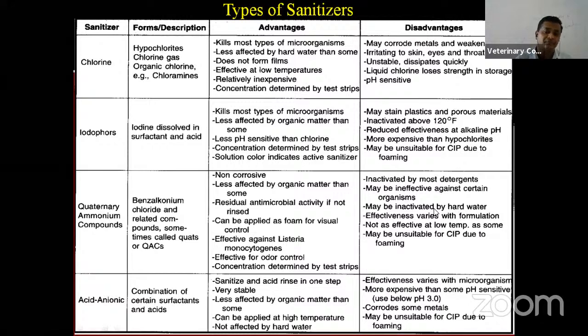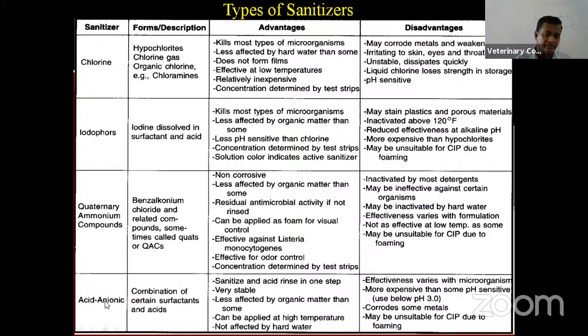At times, even though softeners are installed to remove hardness, some ions still present in the water will be inhibitory to the activity of the quats. And when it comes to CIP, a good number of quats are foaming agents, so this foam itself inhibits their use in CIP.